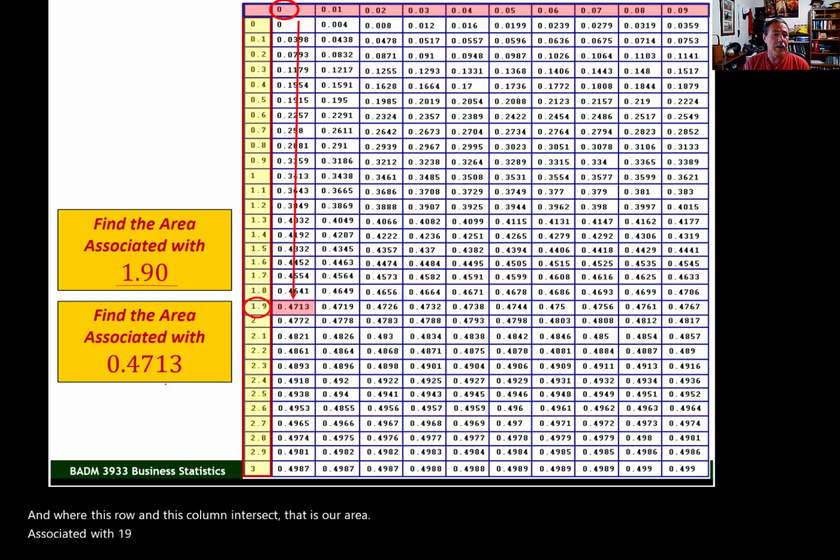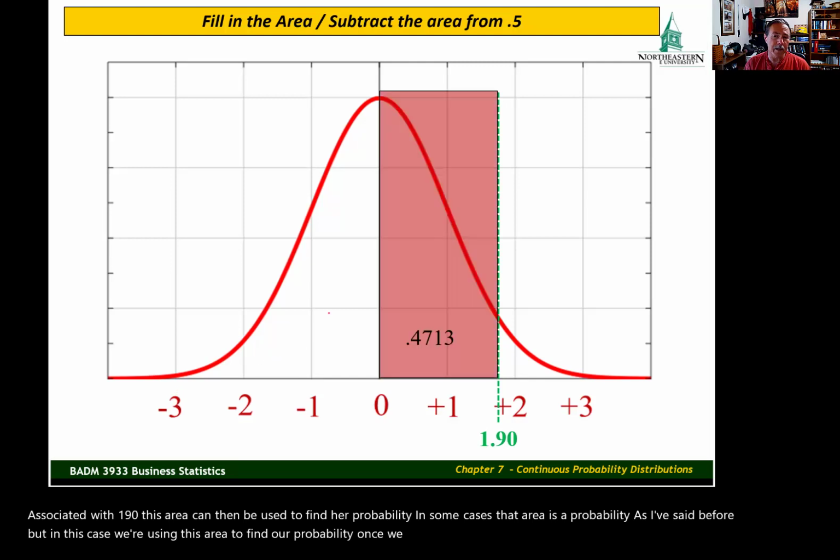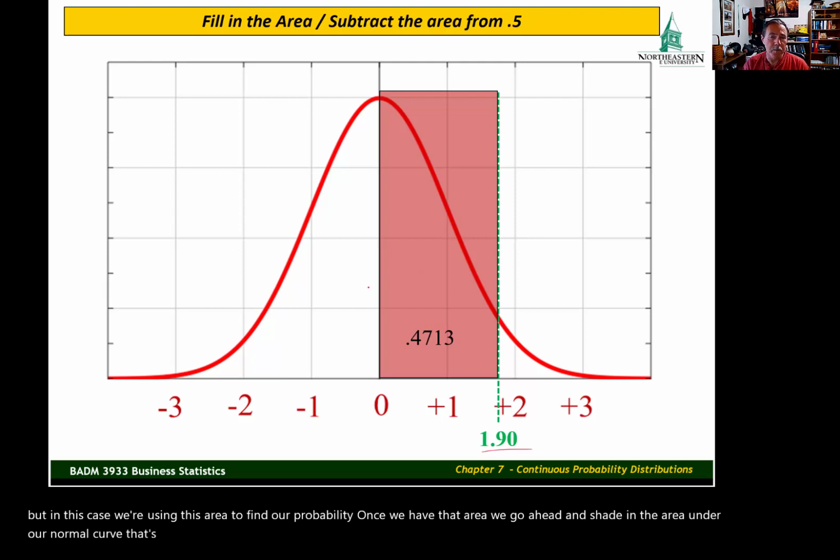This area can then be used to find our probability. In some cases, that area is a probability, as I've said before, but in this case, we're using this area to find our probability. Once we have that area, we shade in the area under our normal curve that's associated with this z-score.